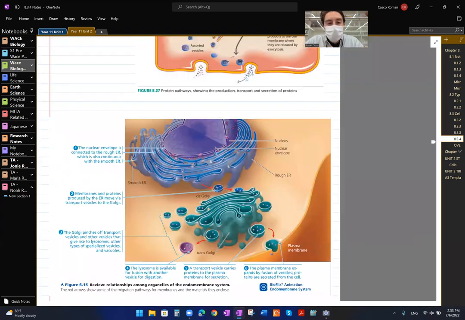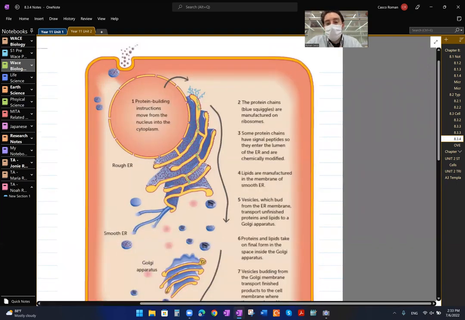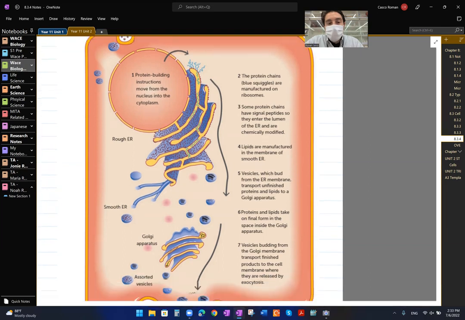So finishing off, you have this whole idea of all the organelles working together. Ultimately, you have a system that's referred to as the endomembrane system. And this whole system is essentially to produce proteins, to assemble them and package them to wherever they need to go. Ultimately, it starts with the nucleus, right?